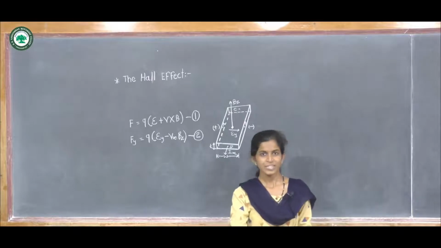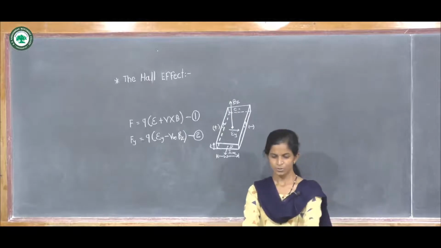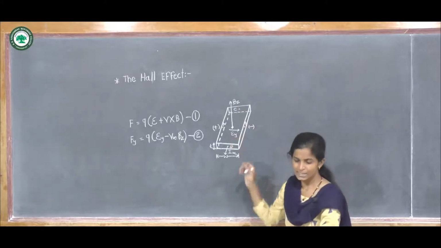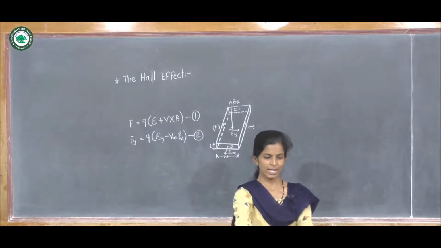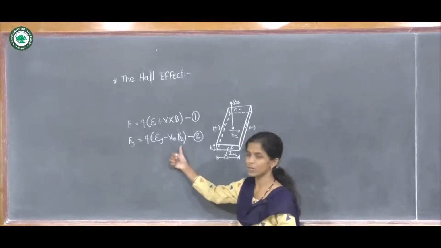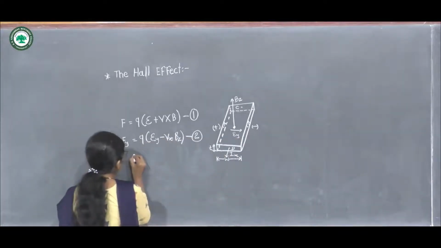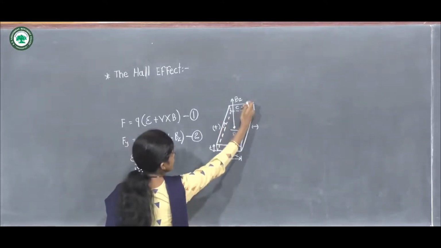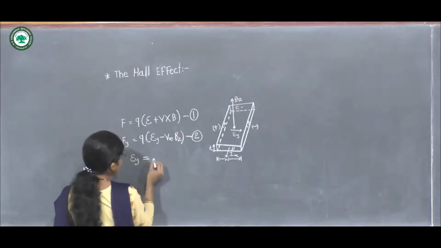Therefore, to maintain a steady state flow of the holes down the length of the bar, that is from this side to this side, the electric field epsilon_y must be just balanced by this product V_x into B_z. So in order to make the steady state flow of holes from point C towards point D, one has to balance this product V_x into B_z with this developed electric field.